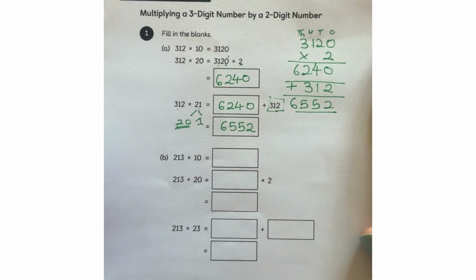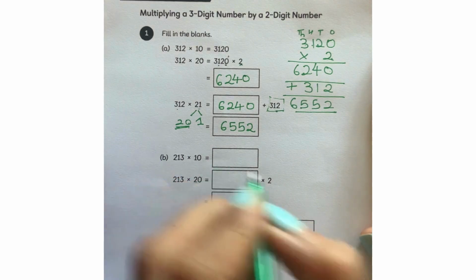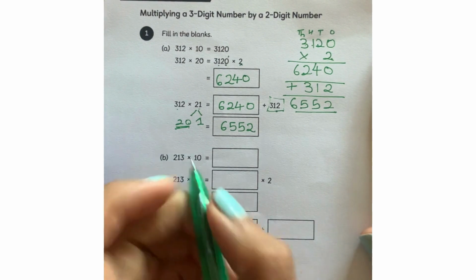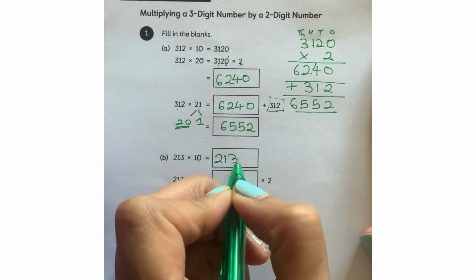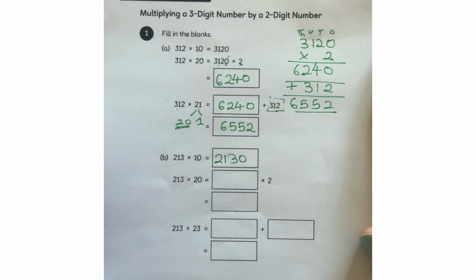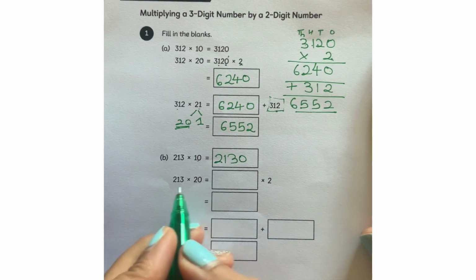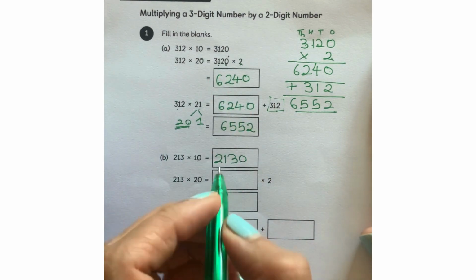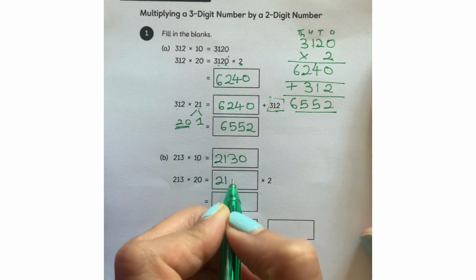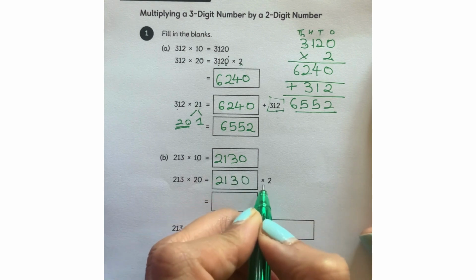Let's go to the next one. 213 times 10. Again, I will take 213 and put my 0. Right? I got it. Now here they want us to double. Remember what we did here? Same thing I will do here. So 2130 times 2.